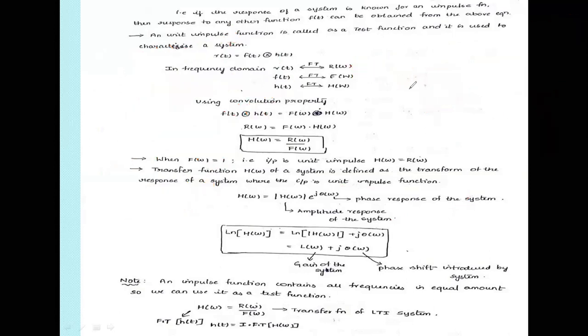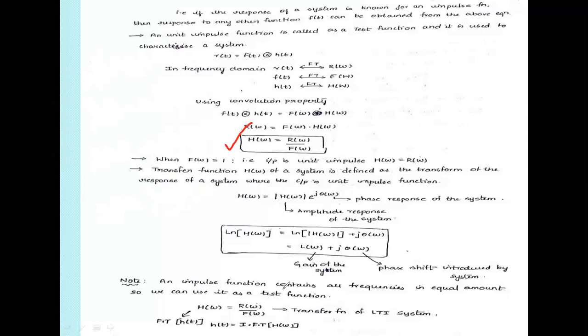What is the impulse signal, and how do we get the impulse response when it is passed through the system? We take the system as a linear time invariant system with input f of t, getting the response r of t. r of t is the convolution of h of t and f of t, and then we get the frequency response h of omega equal to r of omega by f of omega.